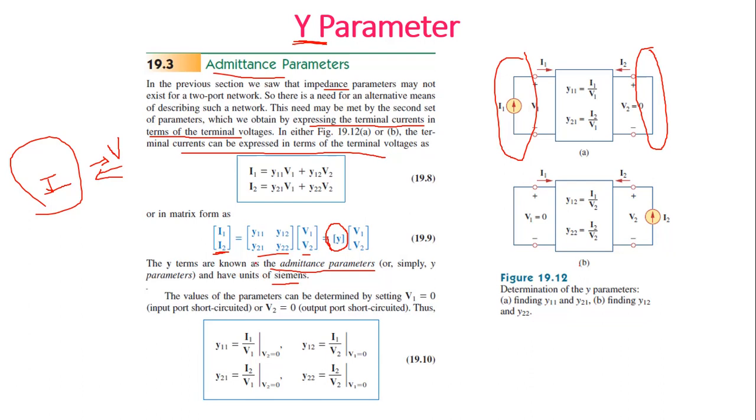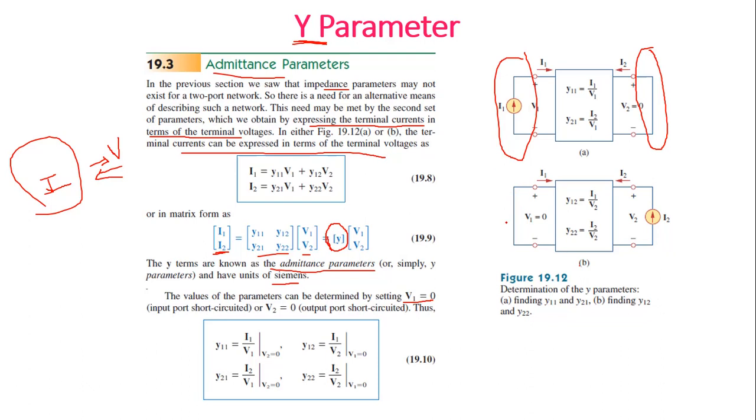Now, how can we derive the values of Y11, Y12, Y21 and Y22? We are going to set either V1 equal to 0 or V2 equal to 0. If V1 is equal to 0, what does it mean?